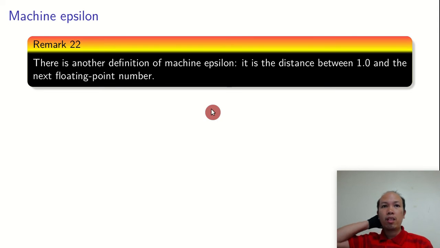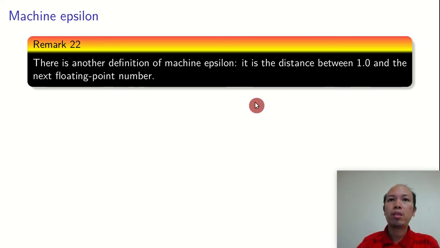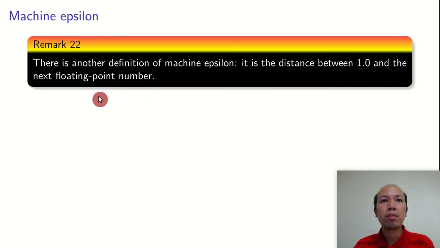Okay, there is another definition for machine epsilon. It says here that it is the distance between 1.0 and the next floating point number, or next positive floating point number.